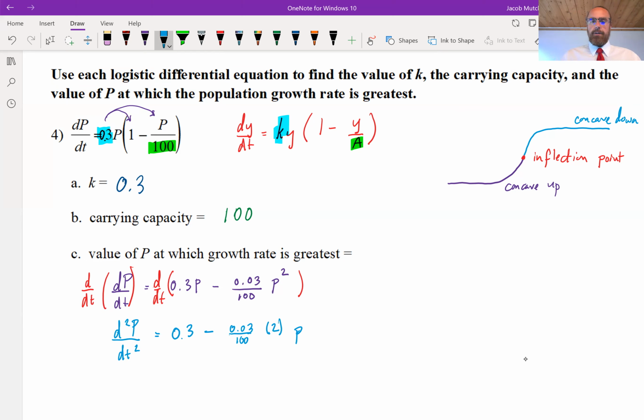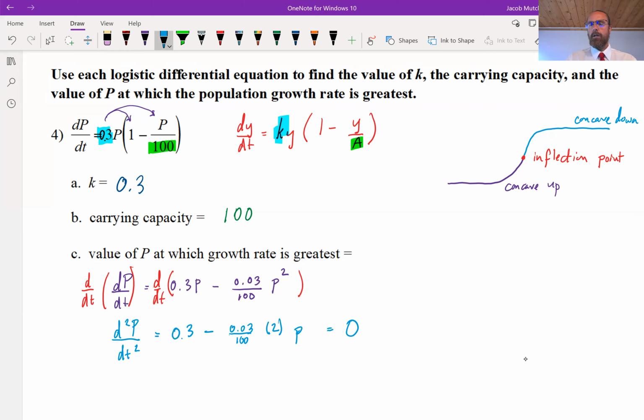Now that's a good equation. Now what I want to do, recall, to find the value at which we've got this inflection point, is take that second derivative and set it equal to 0. Again, on a second derivative's graph, you'd see that change of concavity.